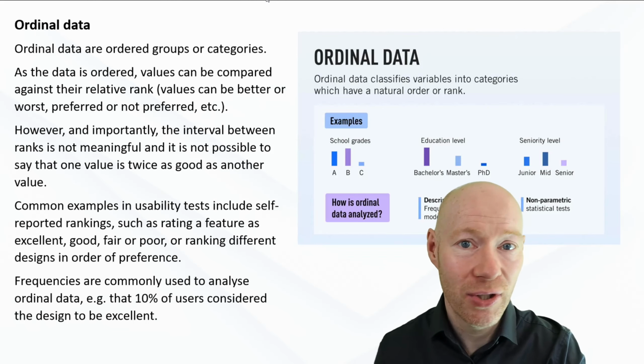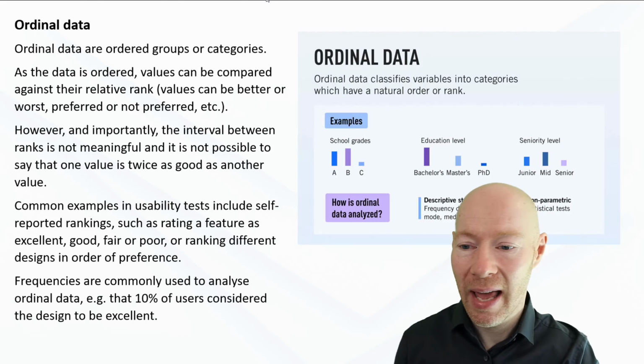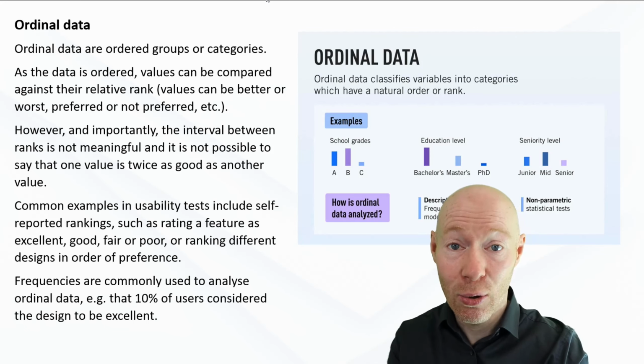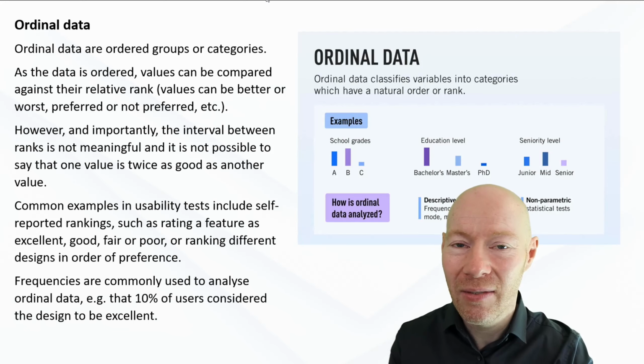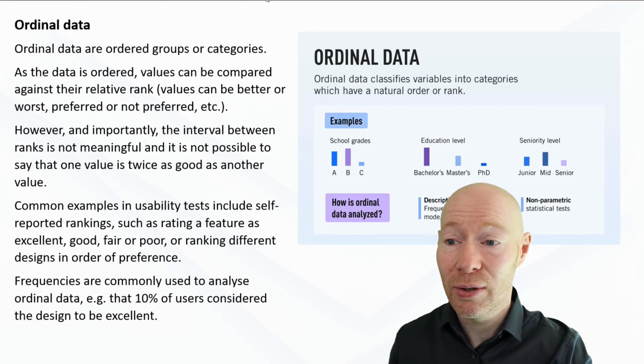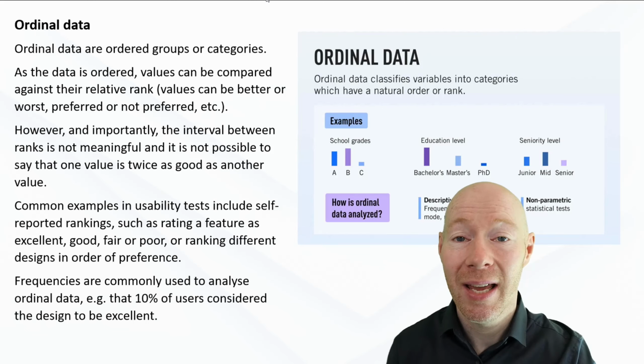We can't say that one is twice as good as the other, or that the gap between a first and a 2-1 is the same as the gap between a 2-2 and a third. It's not meaningful to talk about the distances between them. It's only meaningful to talk about the actual elements themselves and maybe their rank ordering inside the category.